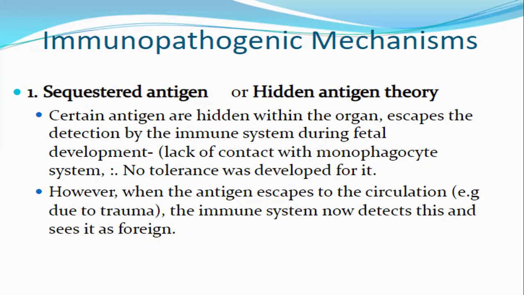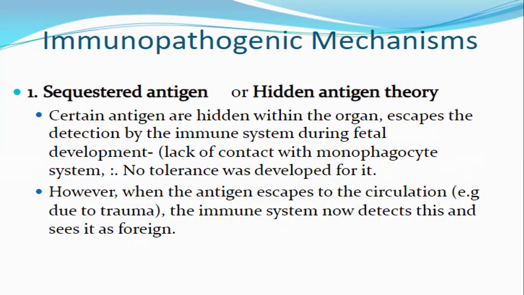We have the sequestered antigen or hidden antigen theory, wherein they propose that certain antigens are hidden within the organ, which escapes detection by the immune system during fetal development, or no tolerance was developed for it. However, when the antigen escapes to the circulation, the immune system now detects it and sees it as foreign.